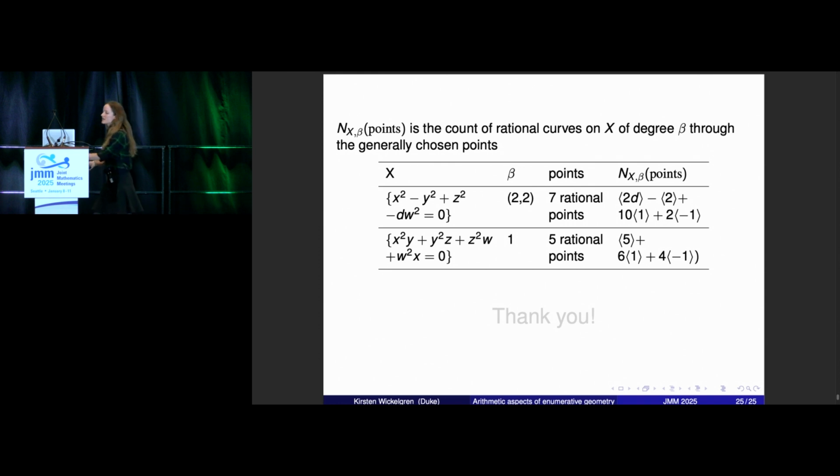So here's a quadric with discriminant D, and this quadric over the algebraic closure looks like P1 cross P1. And so in the P1 cross P1, let's take the degree to be 2, 2.